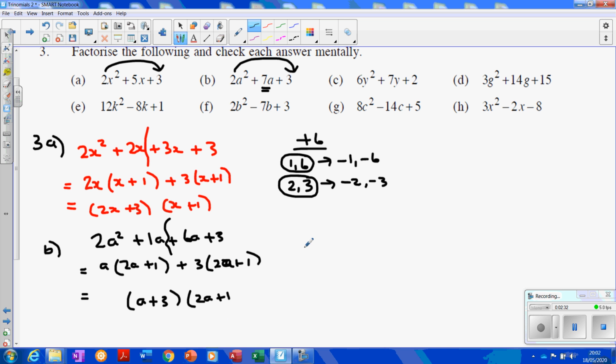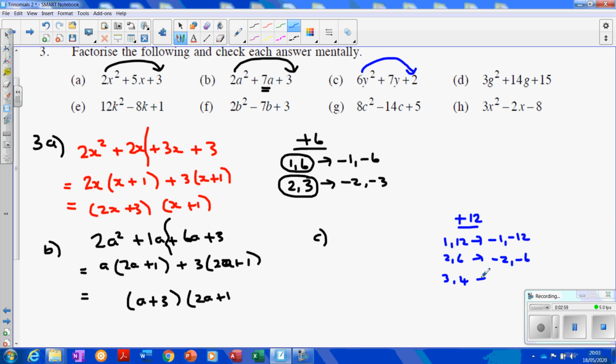Okay, next one, part C. So for part C, we've got 6 and plus 2, so we've got plus 12 for factors. So 1 and 12, 2 and 6, 3 and 4, and then it would be 4 times 3. Now it's positive. Both factors have got to be the same sign, so 2 pluses or 2 minuses.